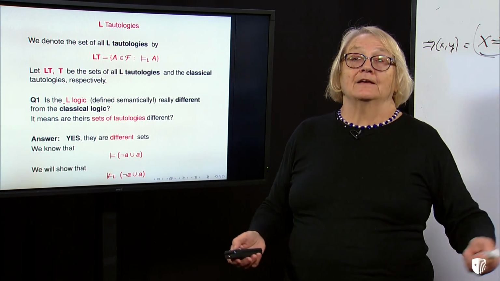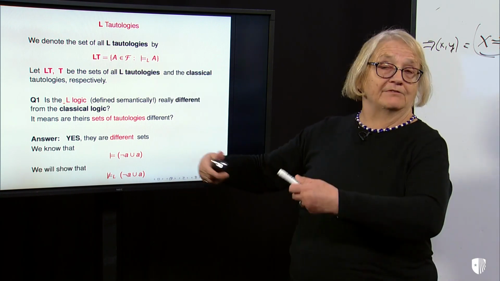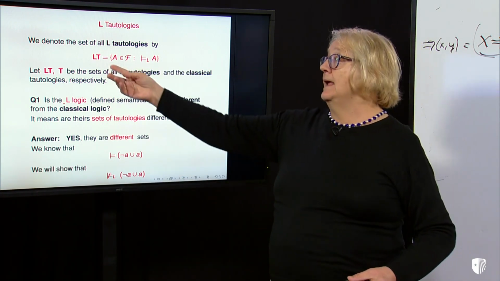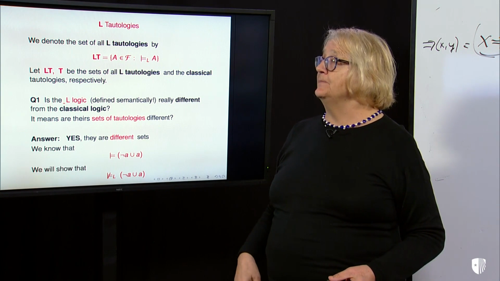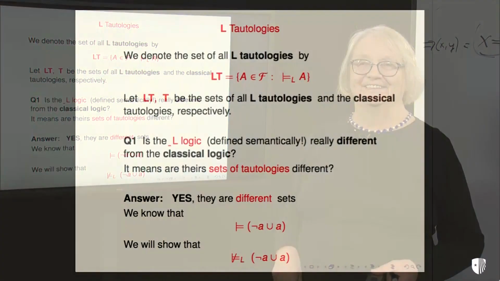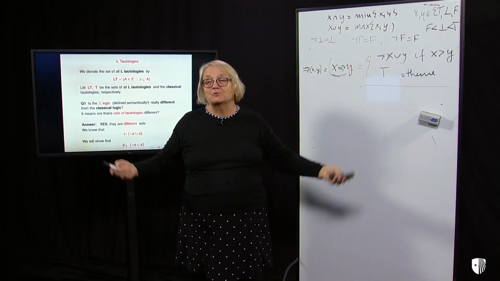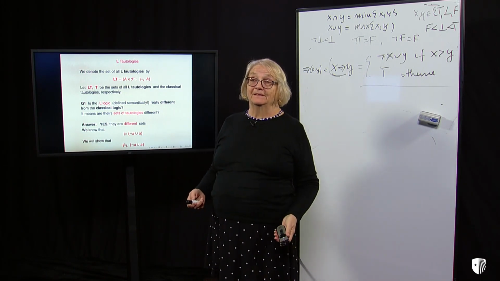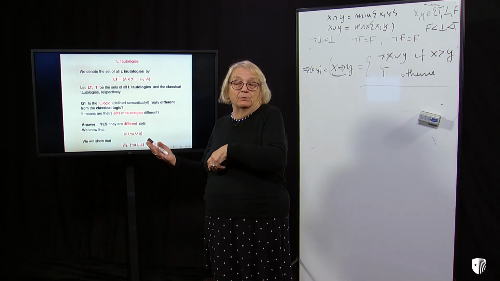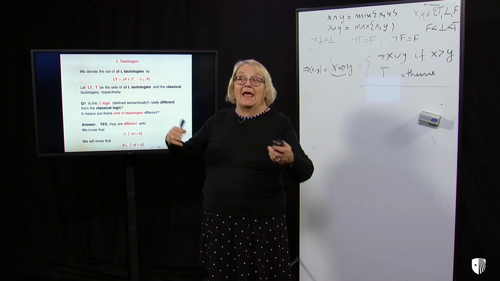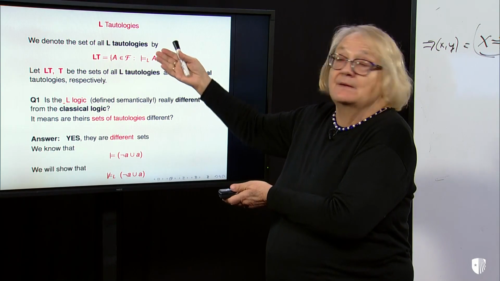Now I have all the definitions: L models, L tautology, L for Łukasiewicz. So did I get something different from classical? I have more values, but is the set of tautologies of classical logic different from that semantics?